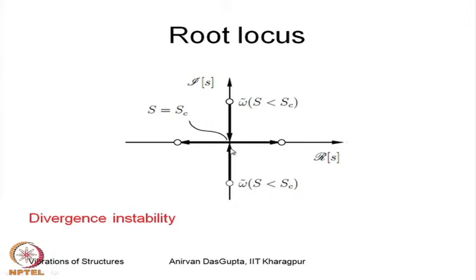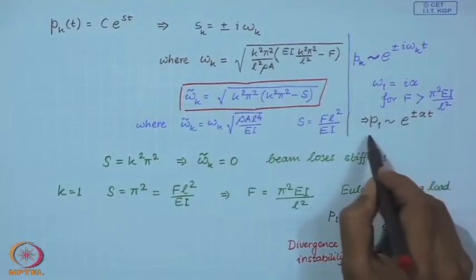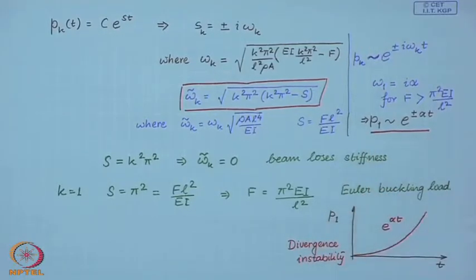Here, as we have seen, we have this plus minus alpha. Now, there is this root on the positive side which is going to lead to instability. So, that is what we see in the solution.